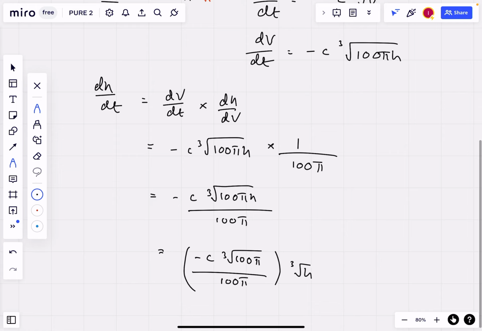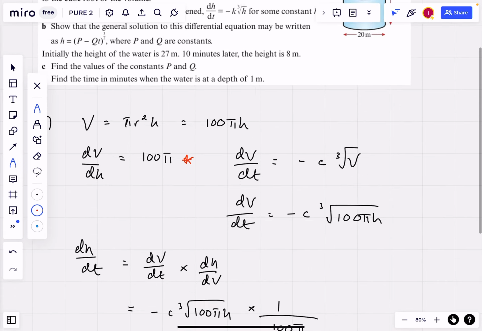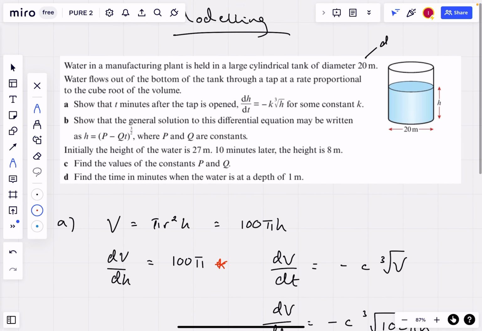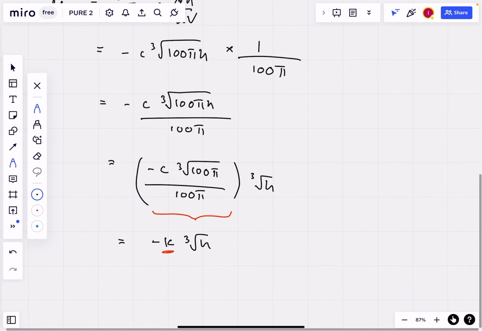So I've just separated the h from that, okay? Which is going to be the same as minus k cube root h, where k is equal to everything inside this bracket. So the question says, show that t minutes after the tap is opened, dH by dt equals minus k cube root h for some constant k. There you go. This is my dH by dt.